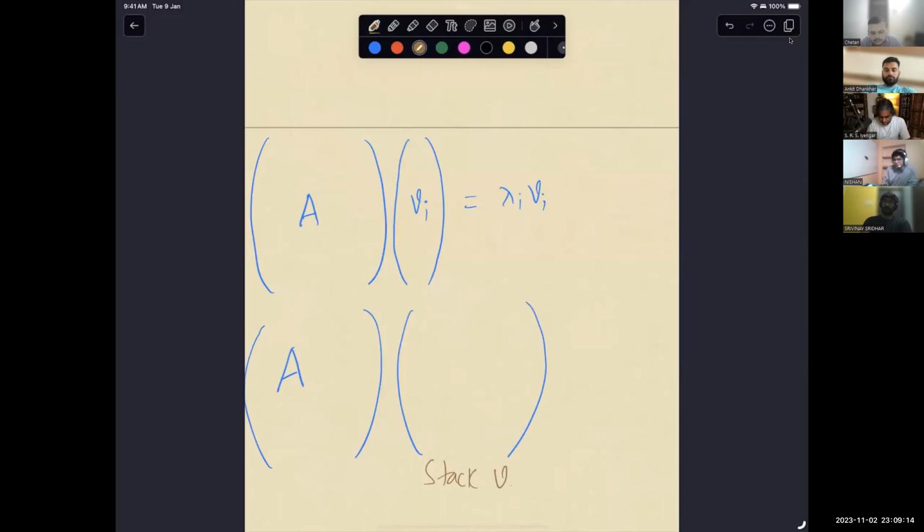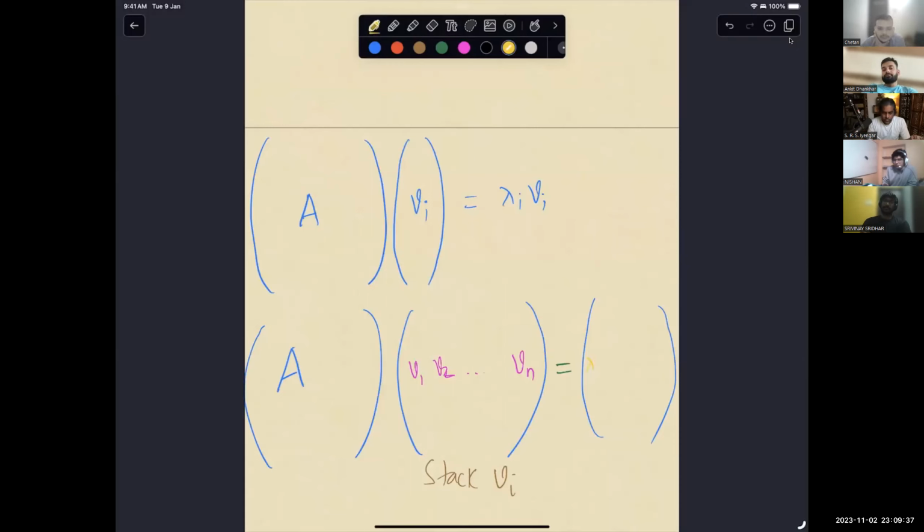Stack Vis. It means here V1, V2, up to Vn. For an n cross n matrix, there will be n vectors. This is equal to V1 will become lambda 1 V1. Correct? Yes.